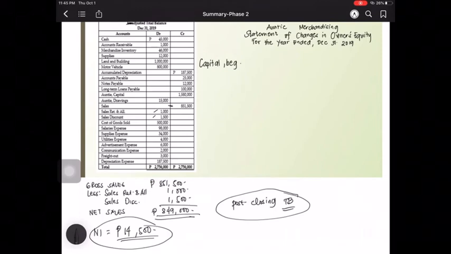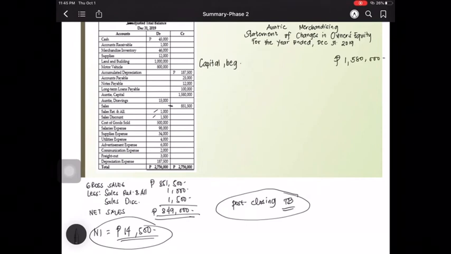But for your unadjusted and your adjusted trial balance, since there are temporary accounts that are not yet closed against your owner's equity account, the balance of your capital account seen in your adjusted or unadjusted trial balance is the same. So in this case, we have an amount of capital of 1,580,000 pesos.